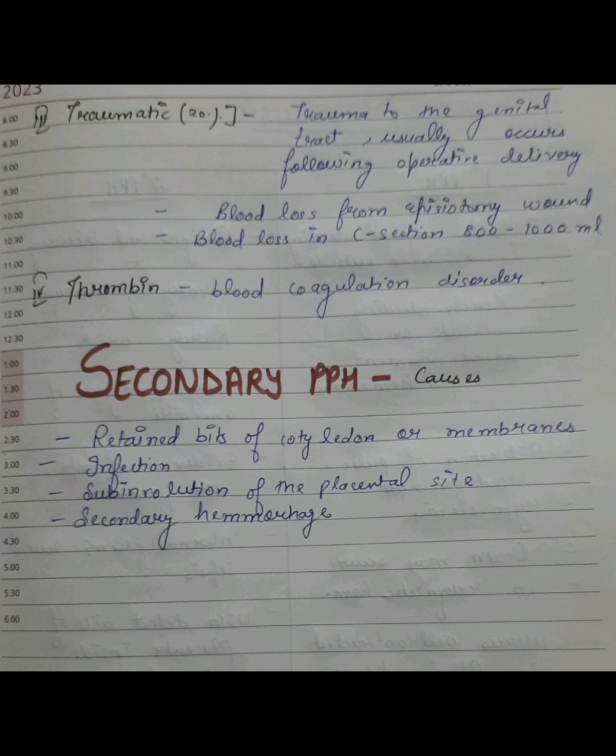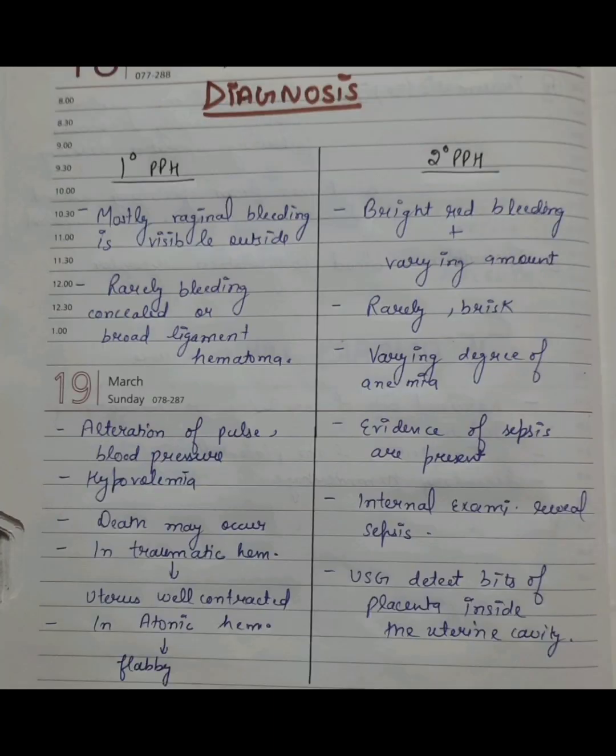And thrombin depends on coagulation disorders, right? So these are the primary PPH causes, and secondary PPH causes are the same, but there is a little bit of difference. And lastly we discussed the diagnosis of primary PPH and secondary PPH.